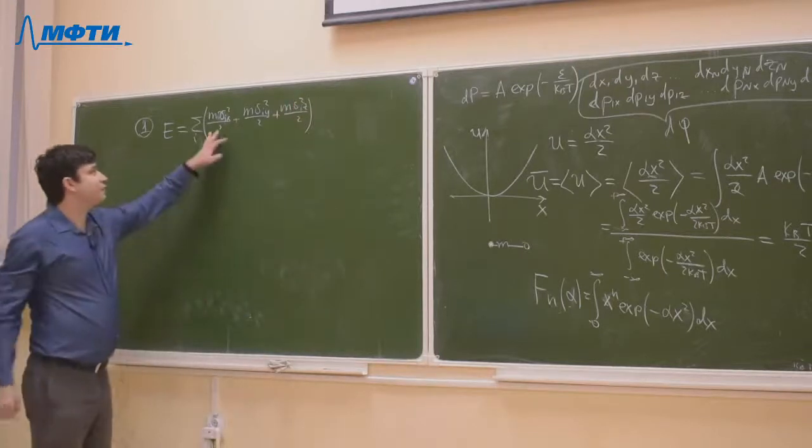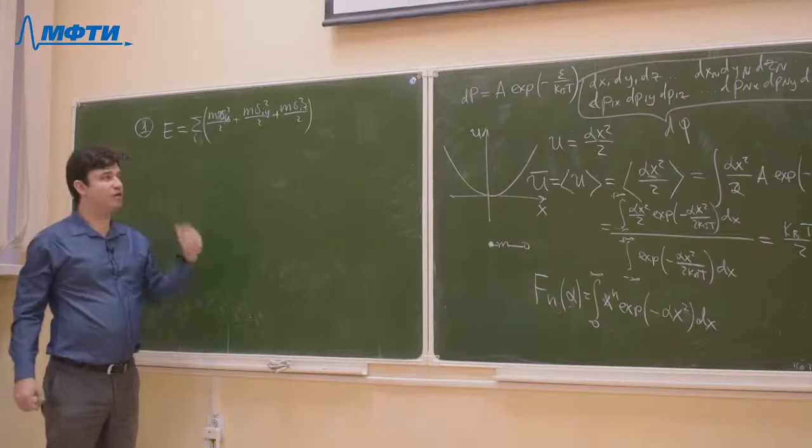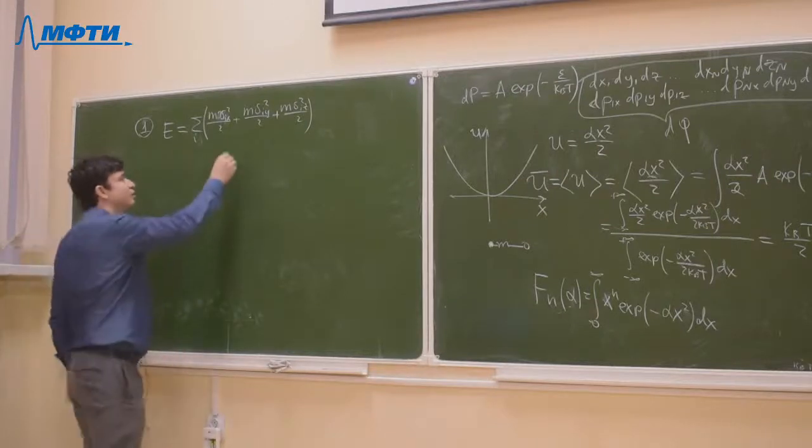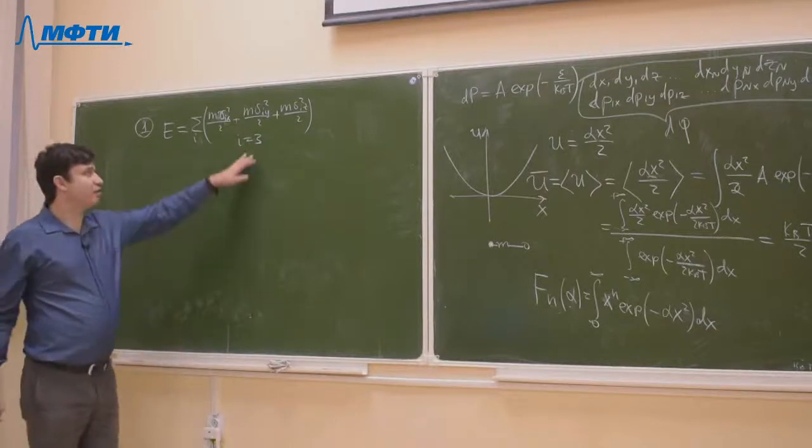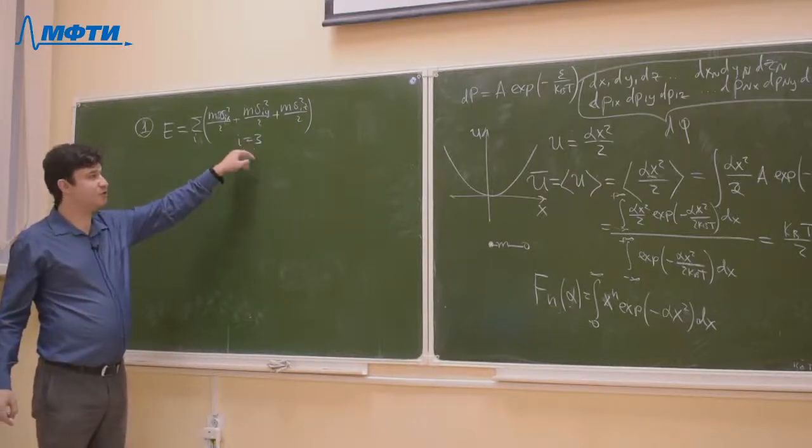Okay, we have 3 quadratic terms per molecule, so I can write that i equals 3, where i is the so-called number of degrees of freedom.